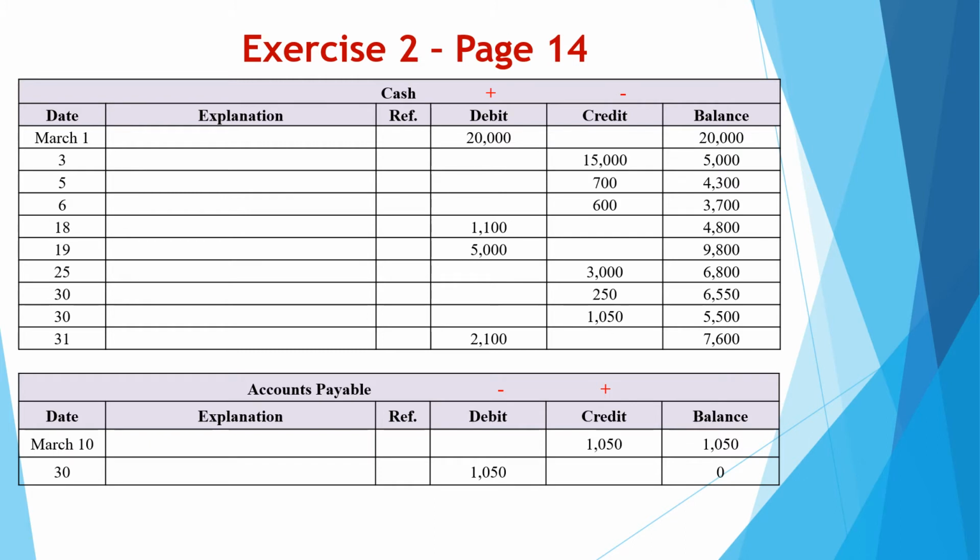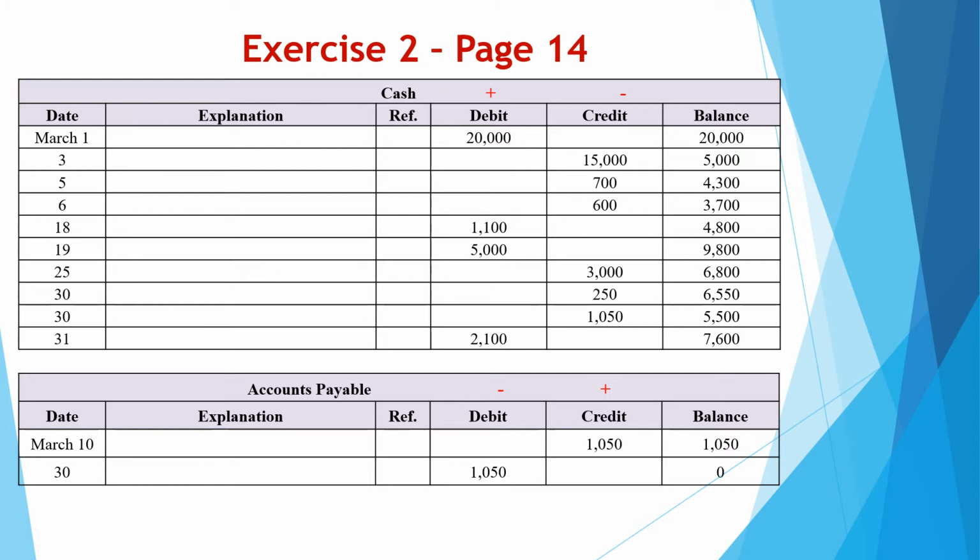March 30, the cash account was in credit in the general journal for 250. We transfer this 250 to the ledger in credit, and we make the following calculation: 6,800 of the previous balance minus 250 equals 6,550. On March 30, we have another transaction for cash.